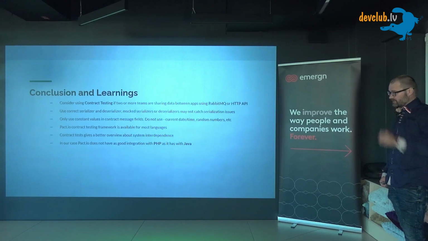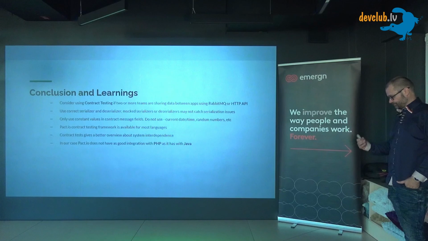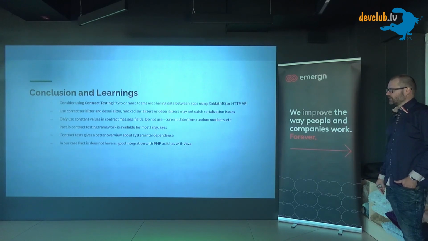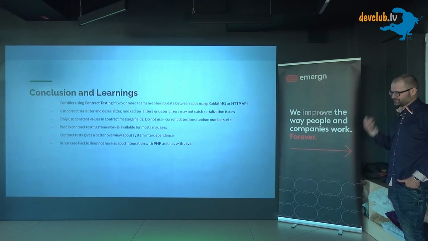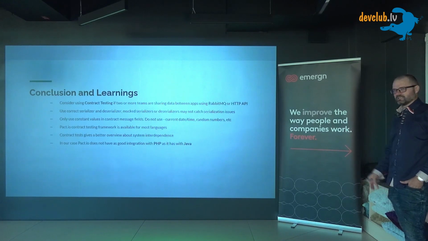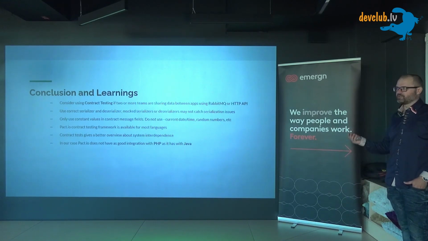Another issue with Pact.io is that it's an old project. It was made 10 years ago. So there's a lot of changes that have happened between those years. And one of the things is that initially it was developed for standard HTTP endpoints.